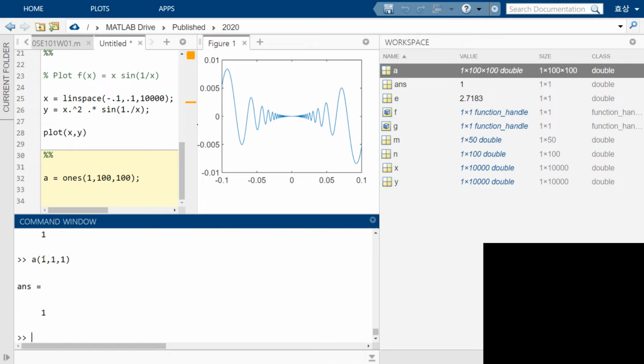So this is 1. I'm calling the first dimension index 1, second dimension index 1, third dimension index 1. The entry of that is 1. So that's how we define a multi-dimensional array.